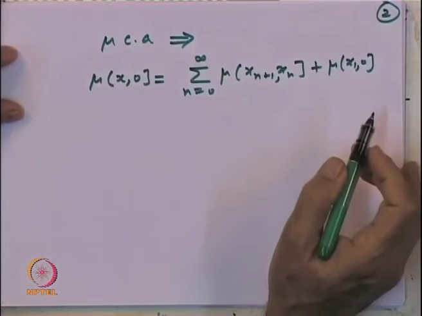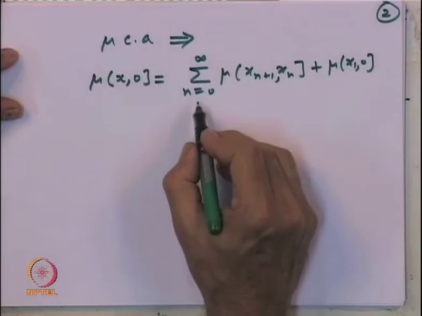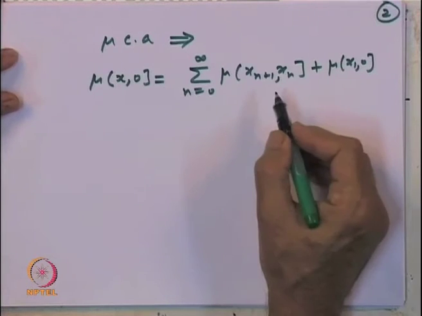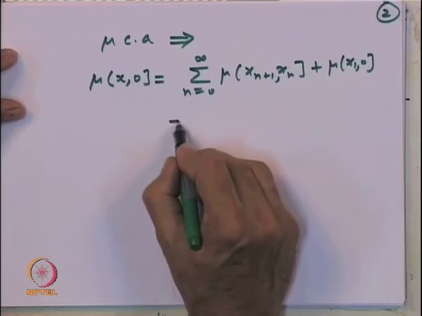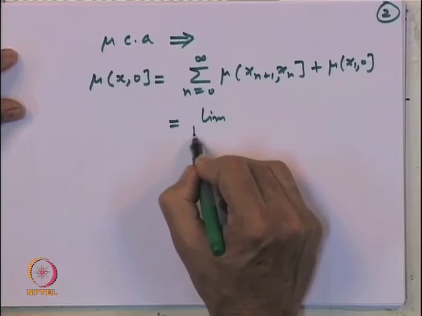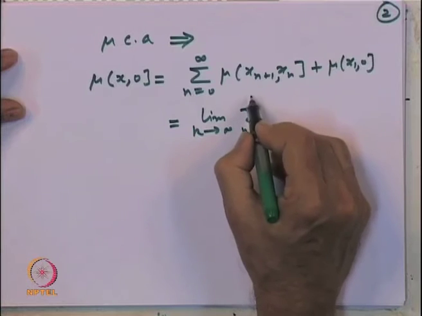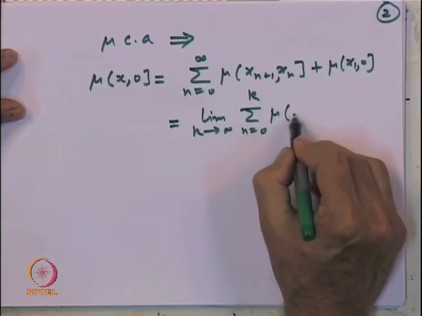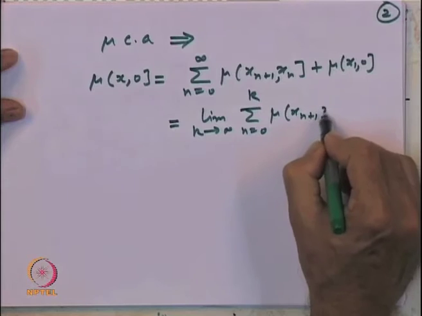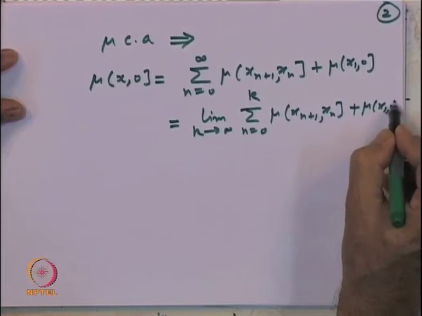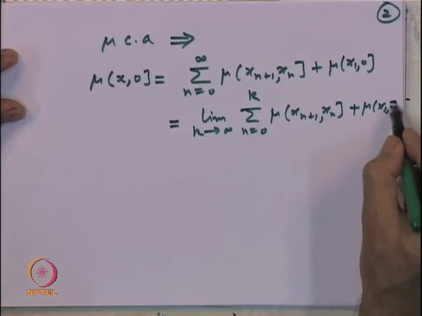Now, this right hand side is a sequence of non-negative real numbers, possibly extended real numbers. So, I can write this as the limit k going to infinity of the sum n equal to 0 to k of mu of (x_{n+1}, x_n], plus mu of (x_1, 0].